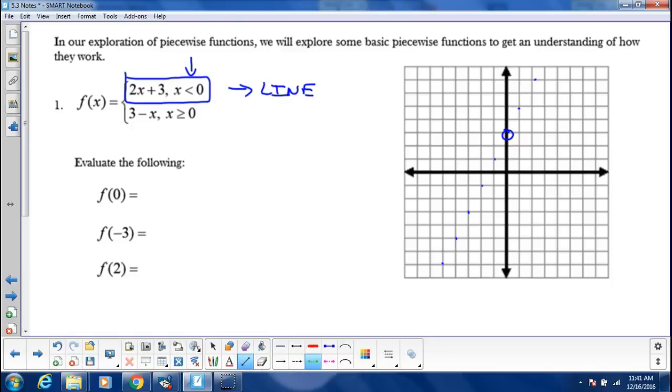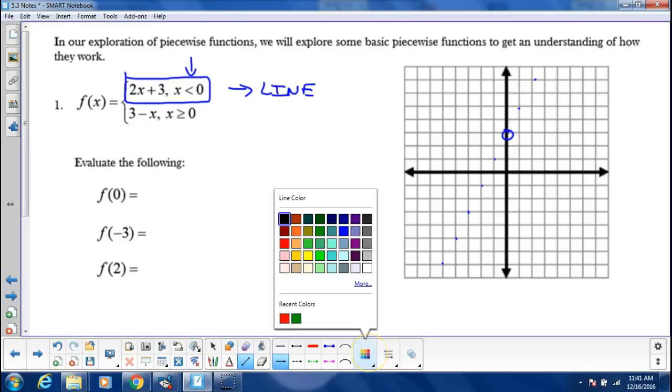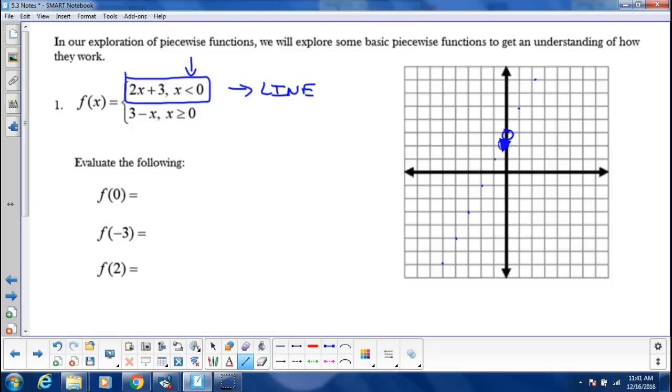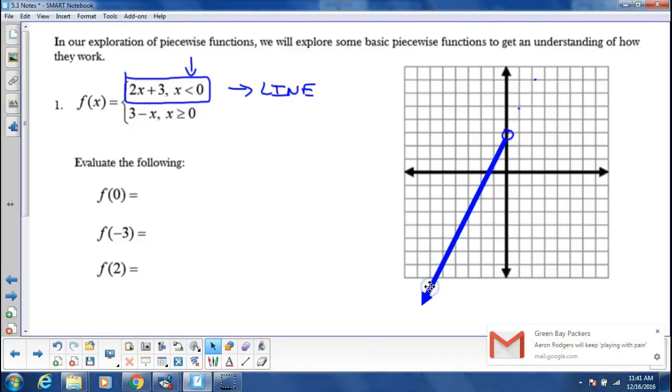So that is going to be blue. Okay, so that is the blue, the first piece of my piecewise function.